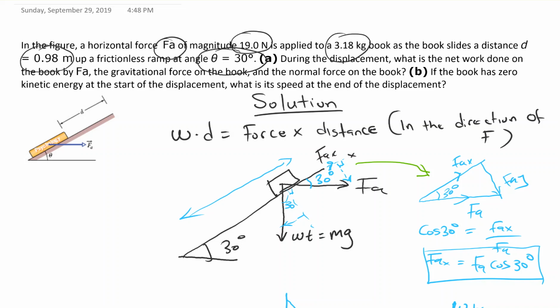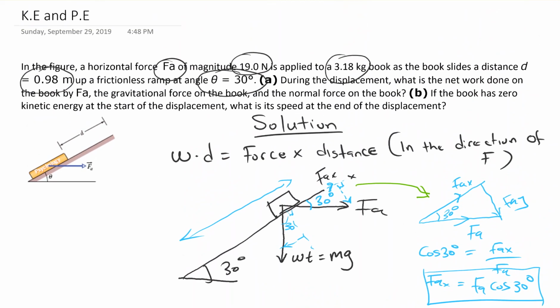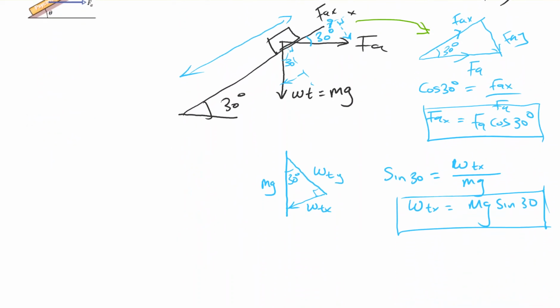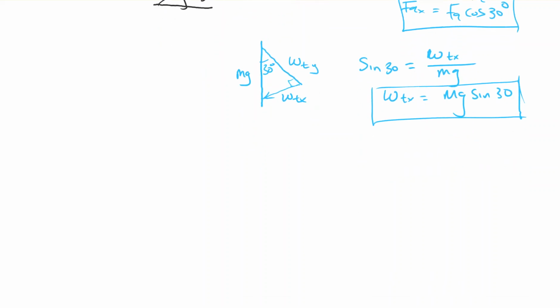So we need to find the resultant of these two forces. Now, the question says the book slides the distance d. D is in the upward direction, so we have F net, which is in the direction of travel, will be FAX minus WTX.